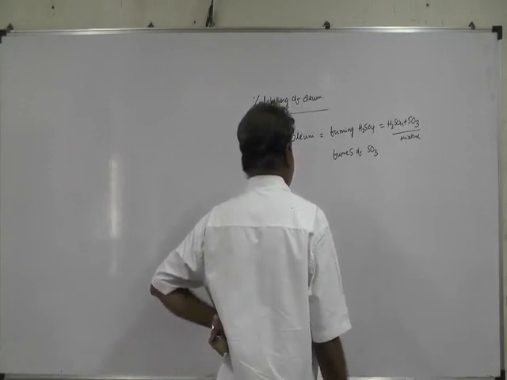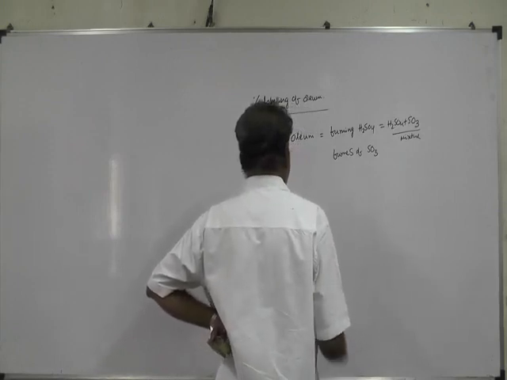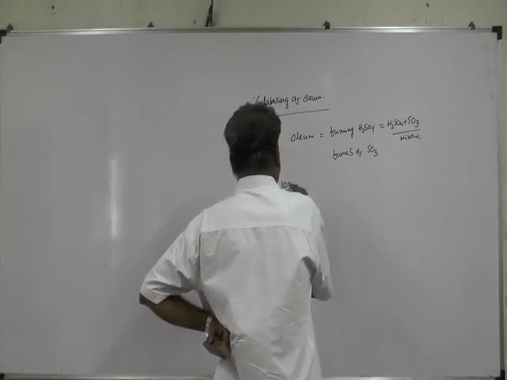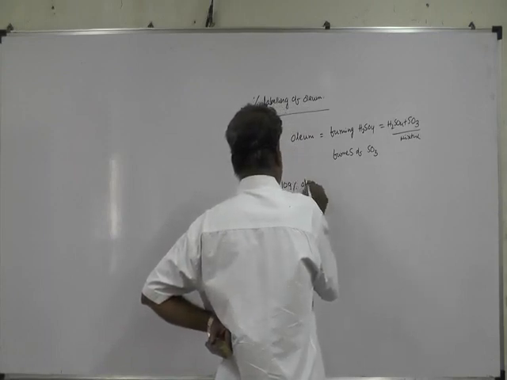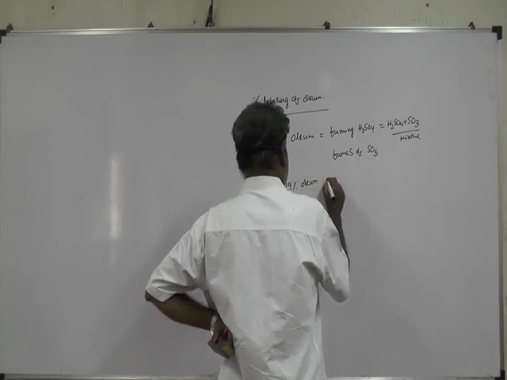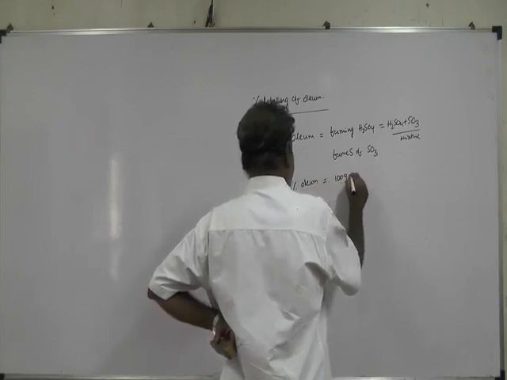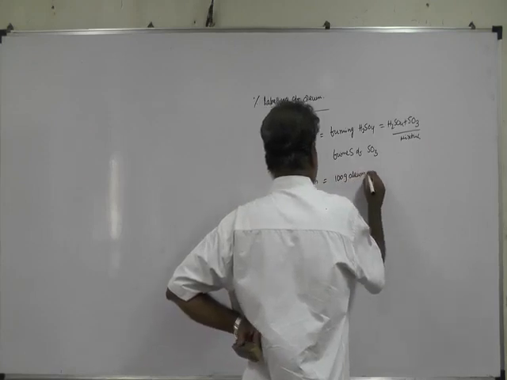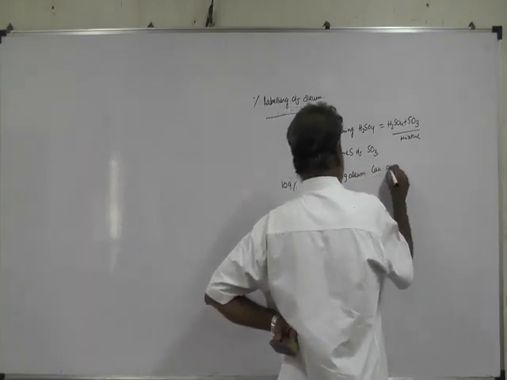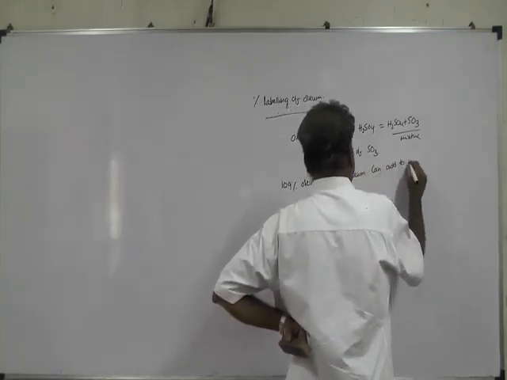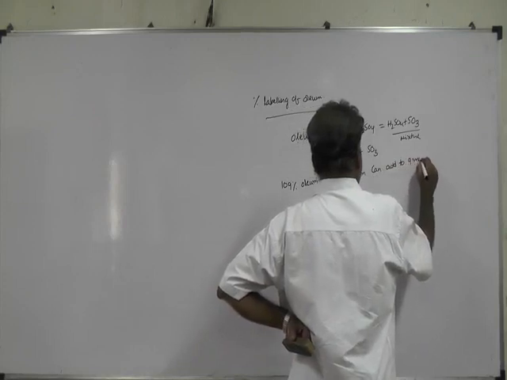Now, 109% oleum means 100 gram oleum can add to 9 more gram water.